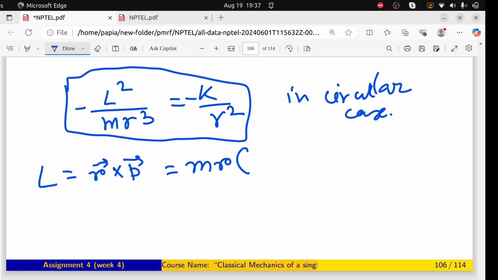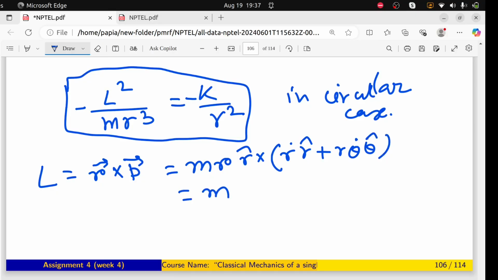We can write here explicitly: r cap cross (r dot r cap plus r theta dot theta cap). So it is m, r cap cross r cap will be cancelled out, so r square theta dot theta cap. Now we can understand L is m r square theta dot.